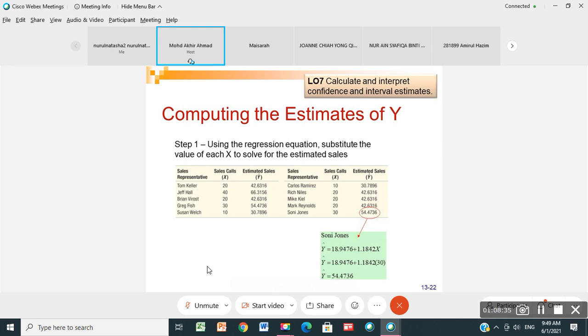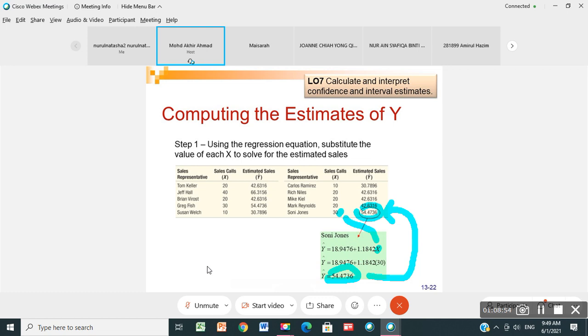So here they give an example of how we get 54. Maybe using this formula, the x value equal to 30 here. We just fill in the 30 here, then we get 54.47. So the answer is here.